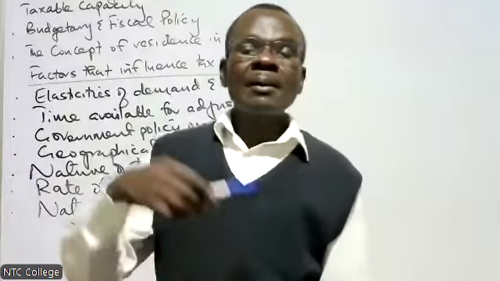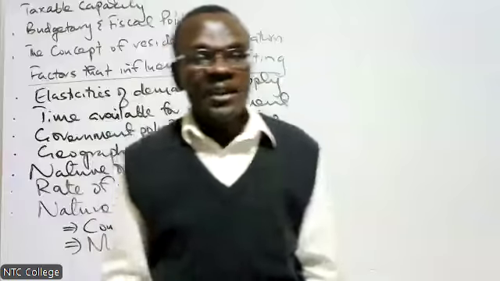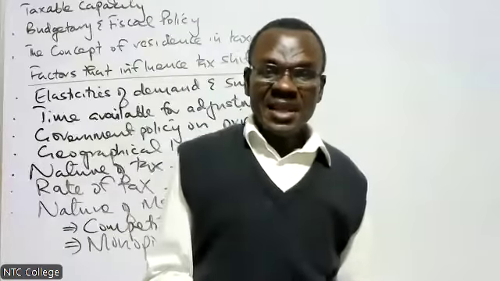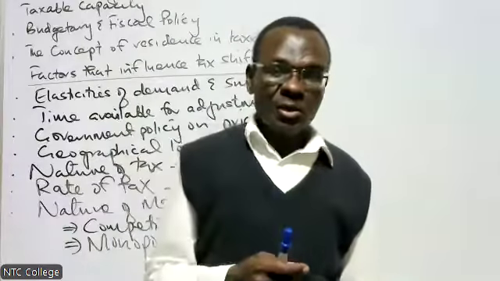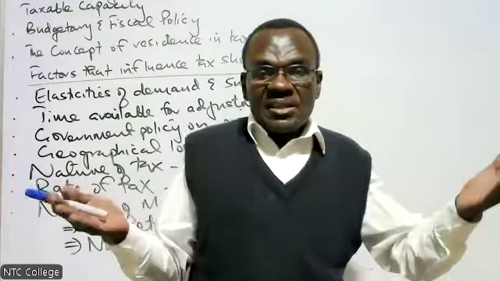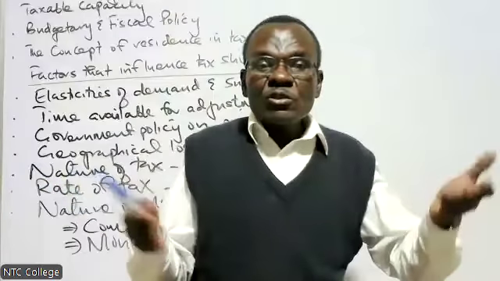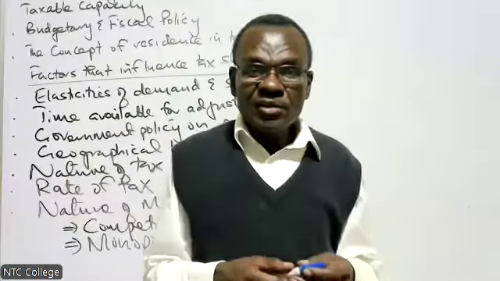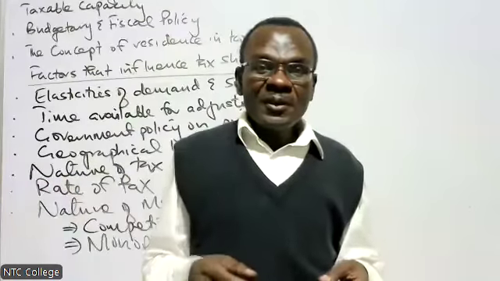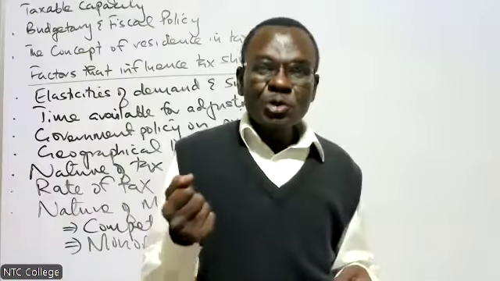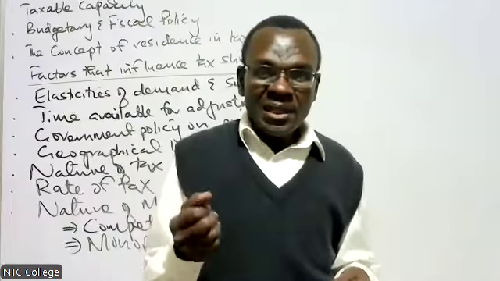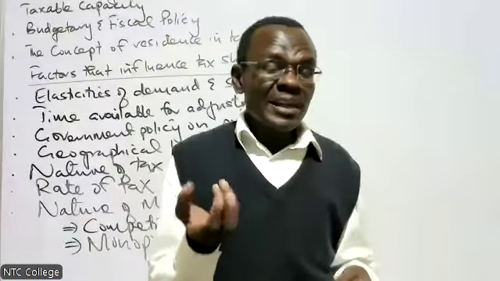So for a monopoly, it means every time there's a tax, it will pass the whole tax to the consumer. Probably that's the reason why you've had a lot of complaints about power in this country, because there are two things I've noticed they do. They can quietly reduce the units you get.